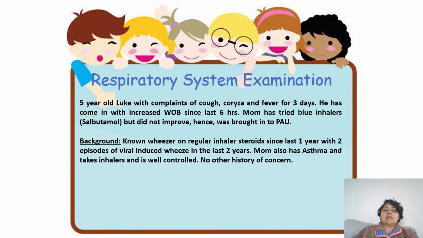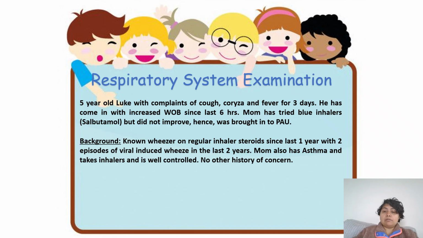Right, and this is his background history. Known asthmatic on regular inhaled steroids since 1 year, with 2 episodes so far of viral induced wheeze, which was in the last 2 years. That's why he was started on the regular steroid inhalers.